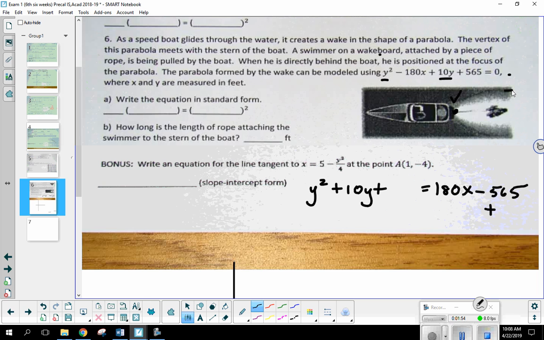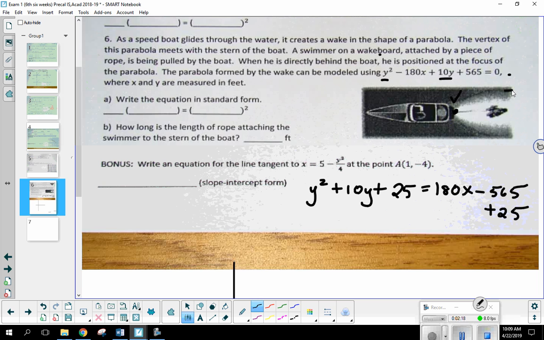But I'm able to complete the square because the leading coefficient on the quadratic term is already a positive 1. So how do I complete the square? Okay, Susie says take that middle term, divide by 2, and square it. So what is half of 10 squared? 25. So whatever I do to one side, I'm going to go ahead and do to the other.